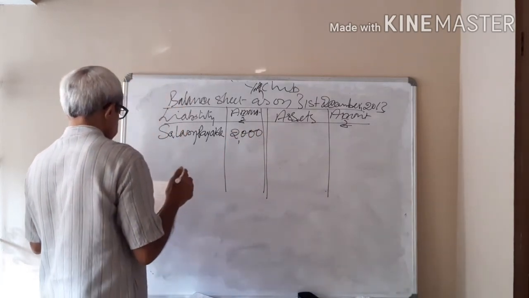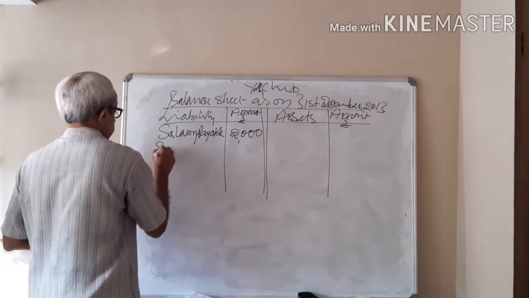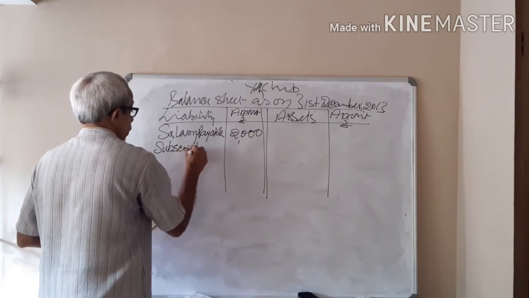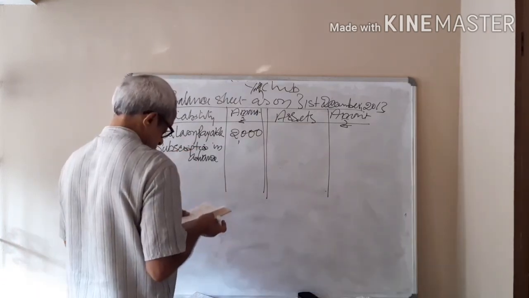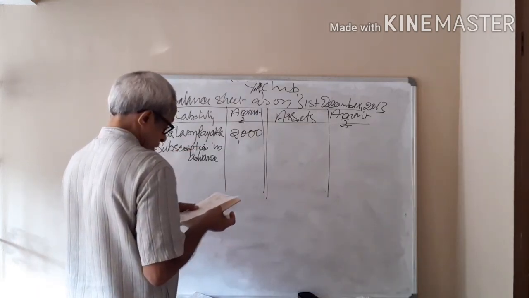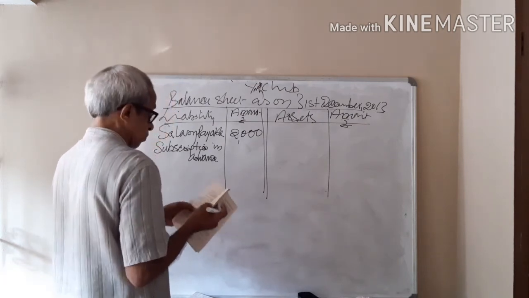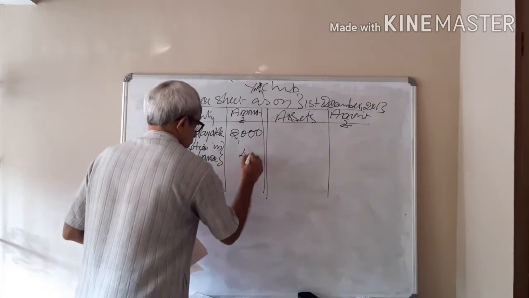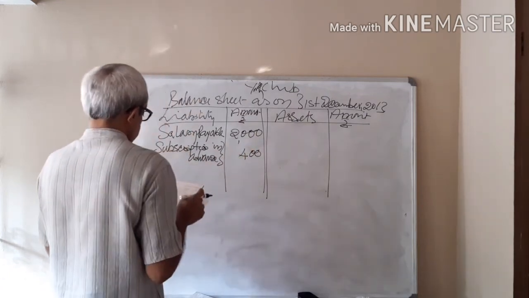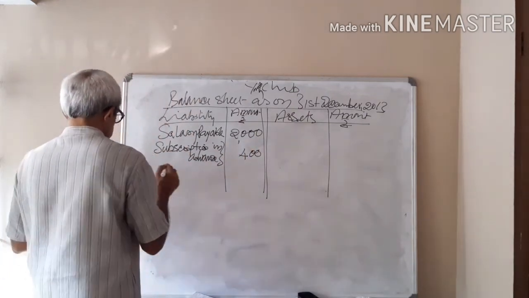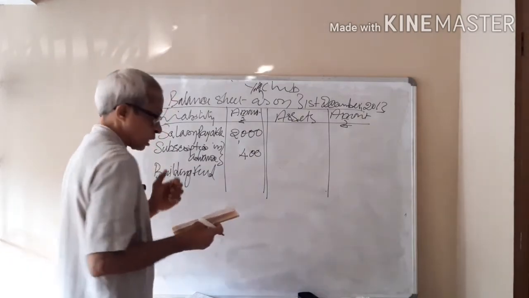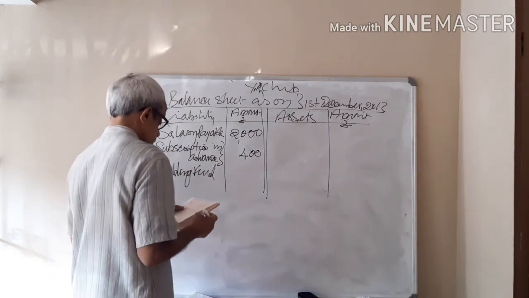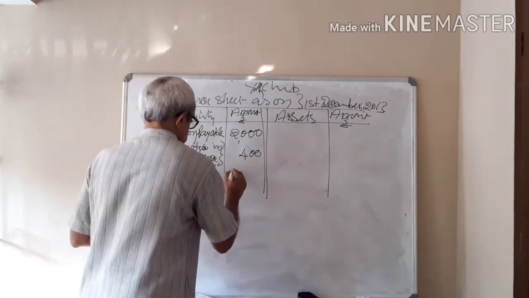Next is subscription received in advance. This may be taken from second item of the adjustment, that is 400. And next is building fund. It is the last item on the receipt side, that is 5,000.